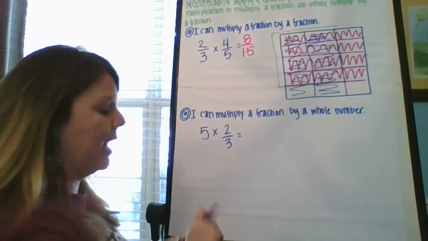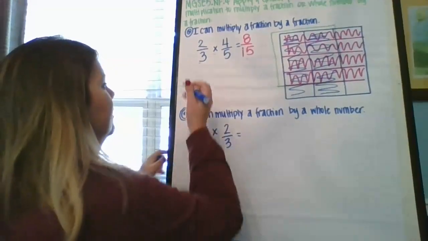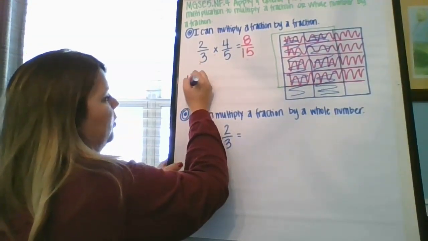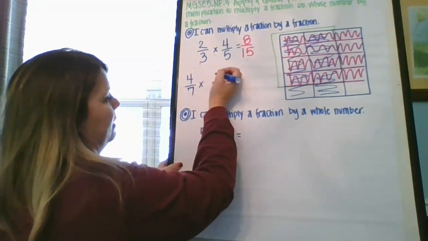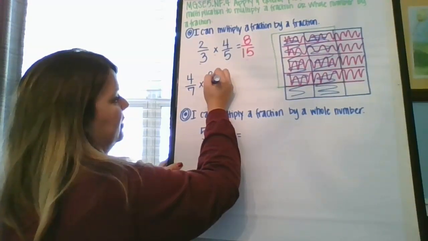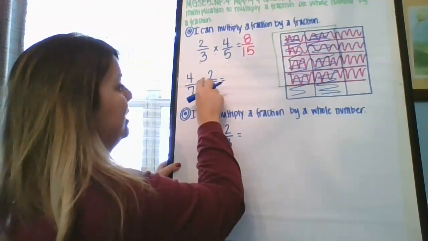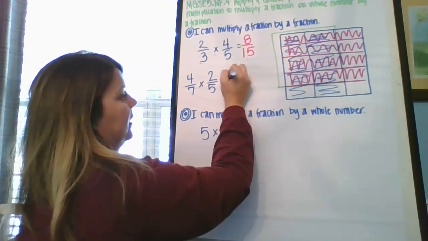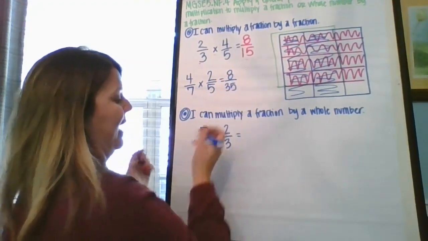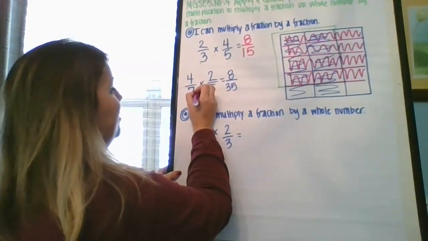So if I had the problem, let me switch colors, 4/7 times 2/5, I could simply multiply straight across to solve this. 2 times 4 is 8, and 7 times 5 is 35. And that would be my answer, because when we multiply fractions, we simply do multiply straight across.